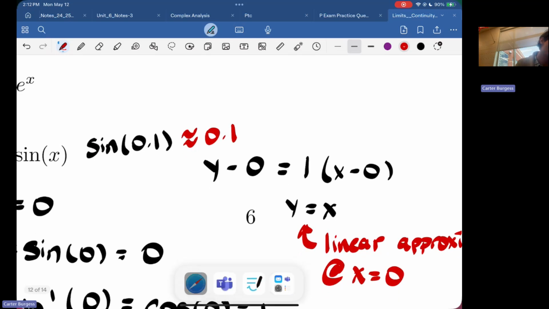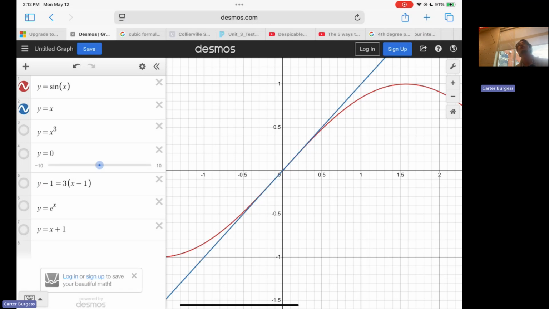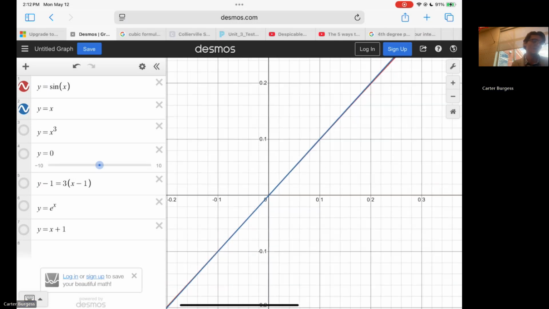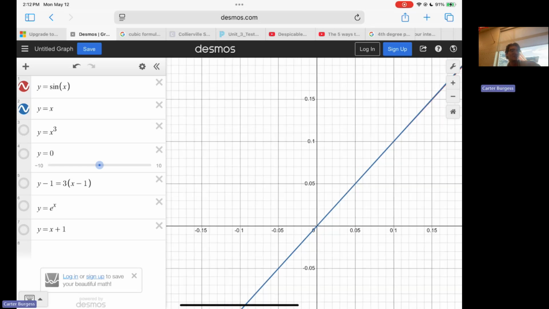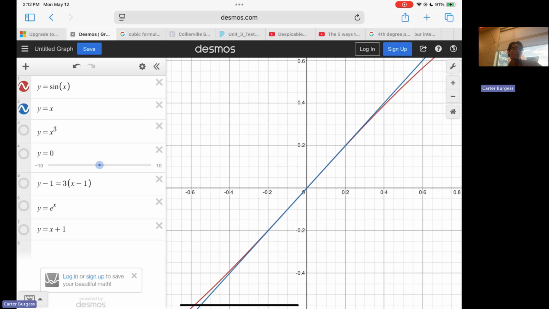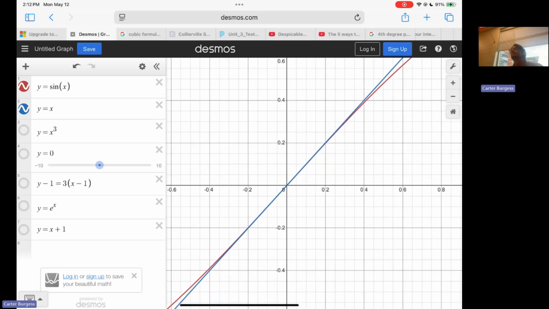And just to highlight that, because I think this is kind of cool, if we look at sine of x and the line y equals x, you'll notice that when we're really, really close to 0, the two are basically impossible to tell apart. So it is the linear approximation and also the tangent line at x equal to 0.